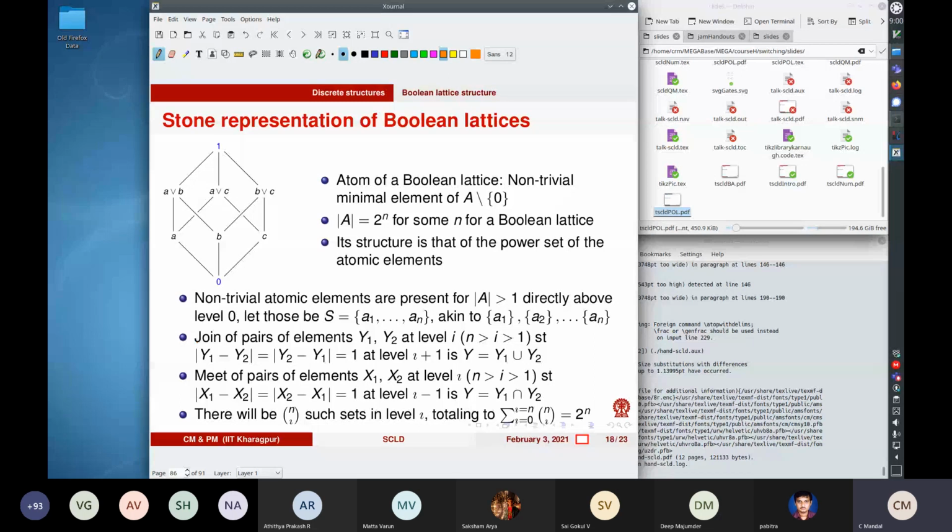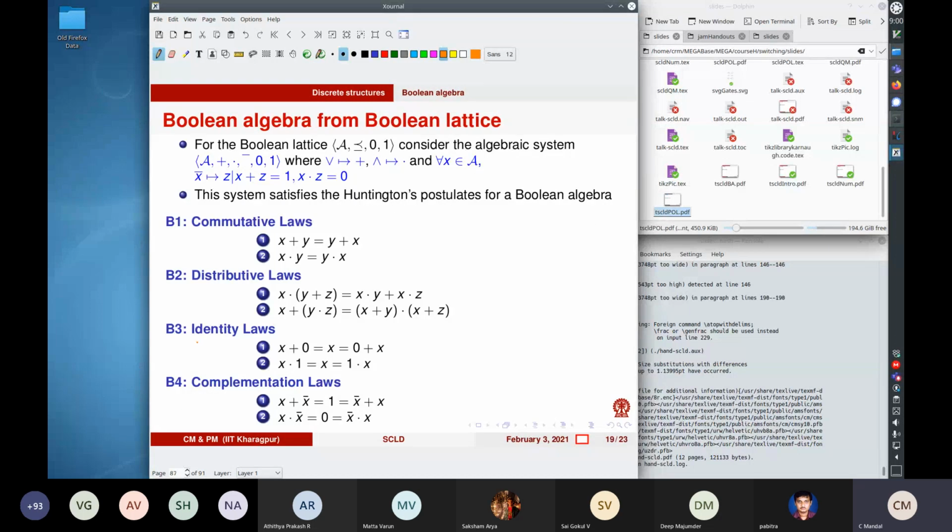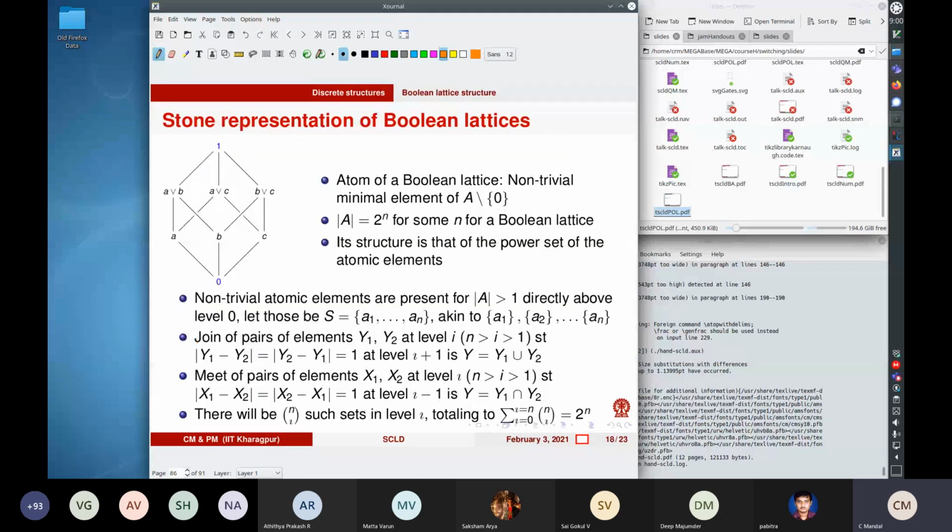And as you can see, you can see how this is related to the power set lattice, and you have already seen that a power set lattice is a Boolean lattice.